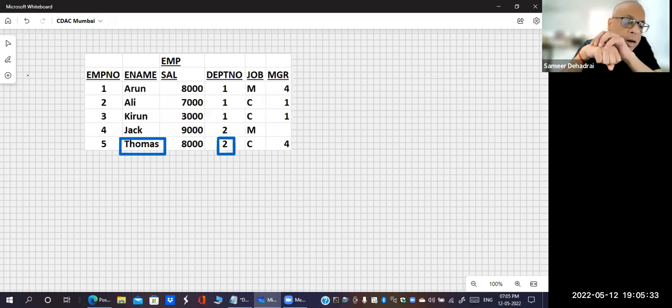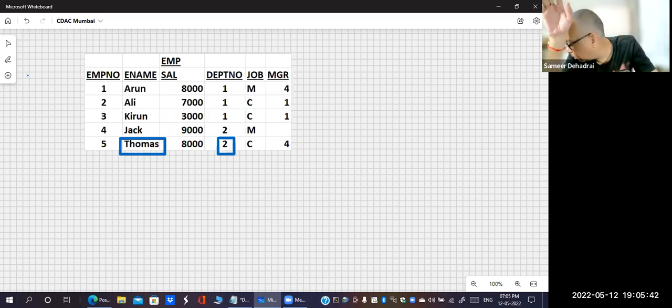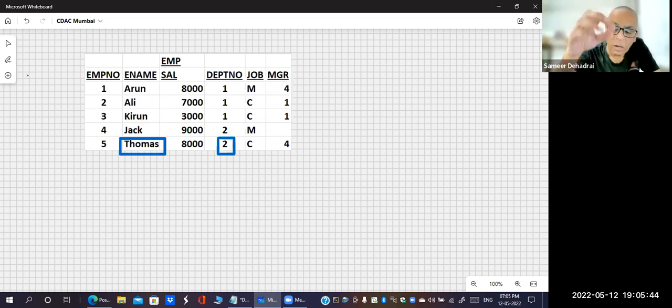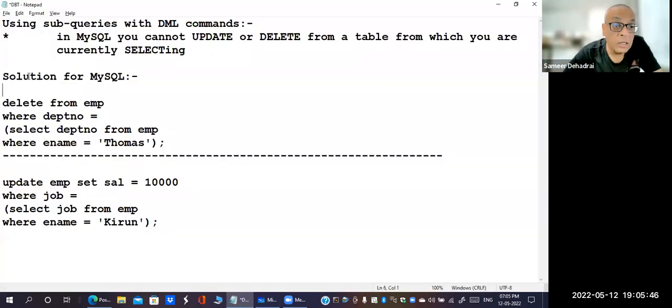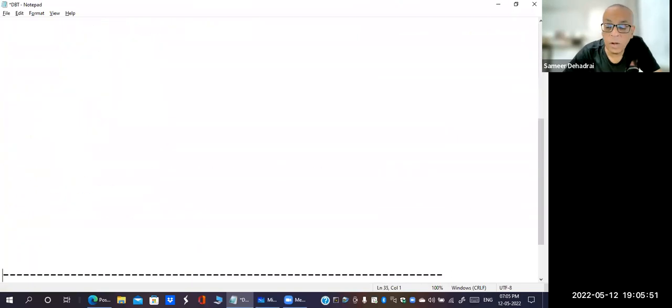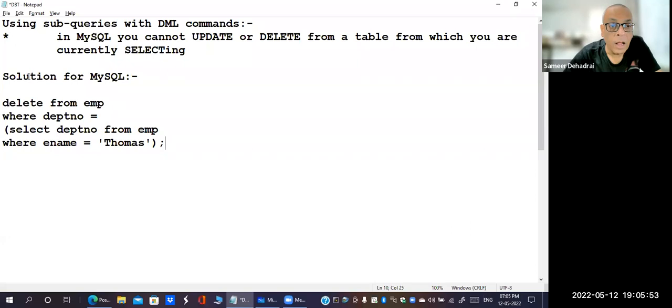So what needs to be done here? I need to give MySQL the impression that I'm not selecting from EMP, but from some other table. So what I'll do is give this subquery an alias of temp.